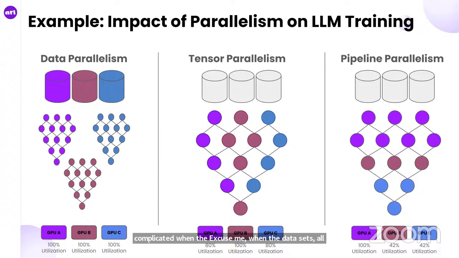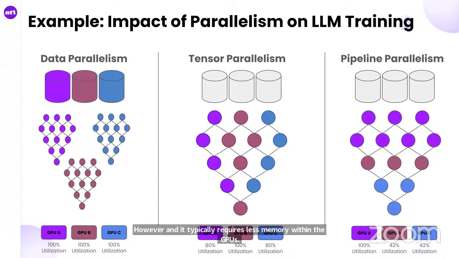Tensor parallelism is a different method where we split the tensors themselves across the GPUs. Again, this is a method that can be very powerful, and it typically requires less memory within the GPUs, depending on how things are split.